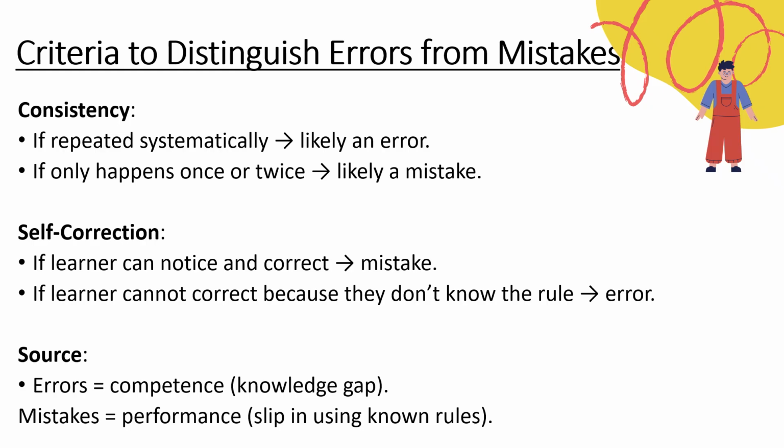But if the learner cannot correct it because they don't know the rule, it is an error. In terms of source, if the person is incompetent or has a gap in certain knowledge, it is an error. But if it is only a performance matter, just a slip in using the rules, it is a mistake.